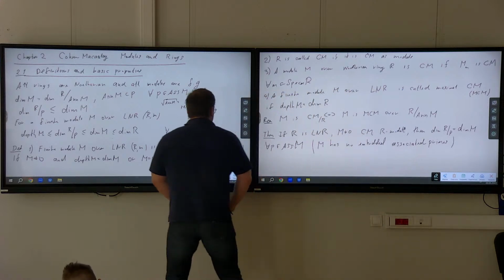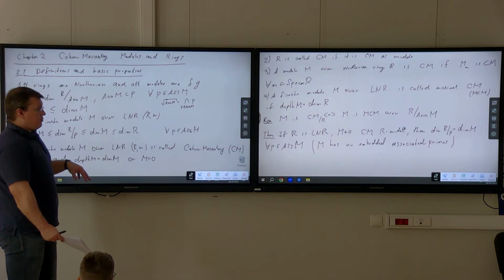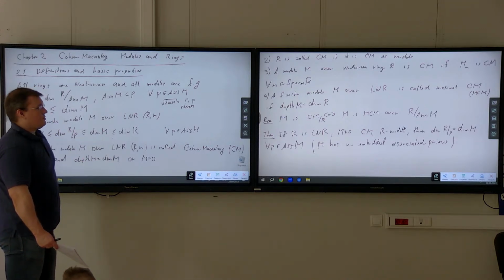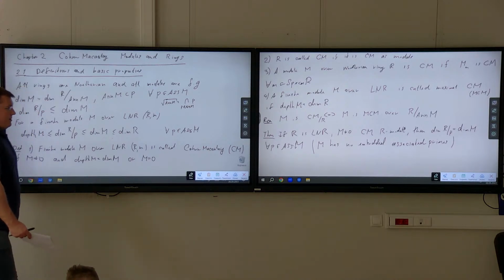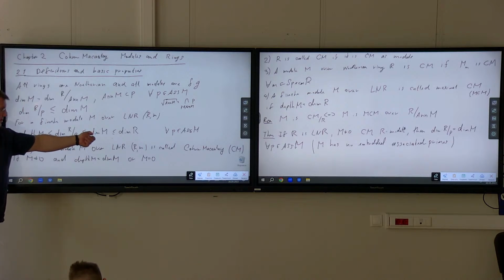If you know some theory of associated primes, you know that there are minimal associated primes, and then there are non-minimal ones, which we call embedded associated primes. For the Cohen-Macaulay situation, that's not possible, because all the dimensions of R modulo P are fixed. If you require that the depth is the same as the dimension, then these two inequalities turn into equalities, so clearly you have this property.